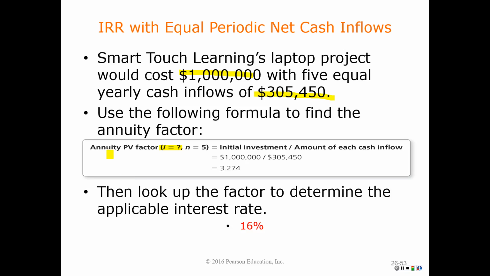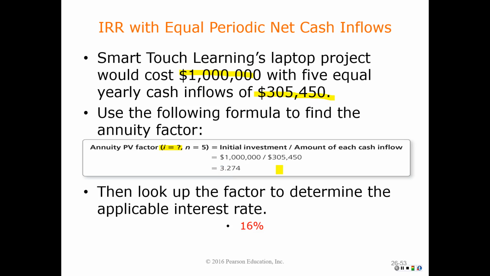But here, my unknown is actually the interest rate. So if we begin to plug in our figures, we find that the initial investment was $1 million. Our initial investment divided by the amount of cash inflows for each year, $305,450, gives us an annuity factor of 3.274.